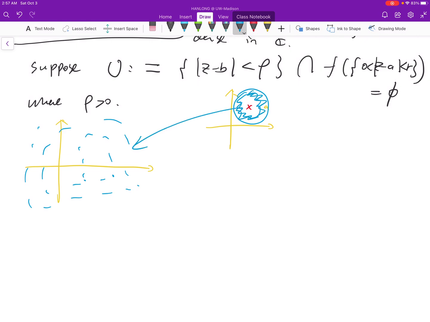If you map to this complex plane, then you have some distribution of the blue points.